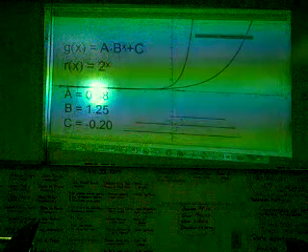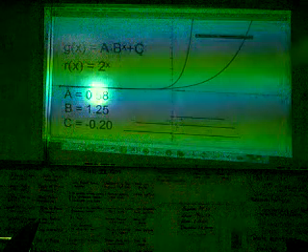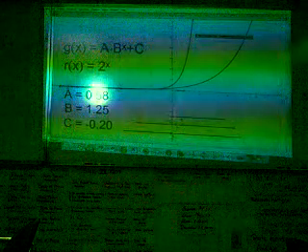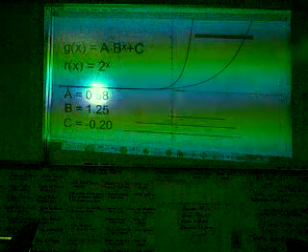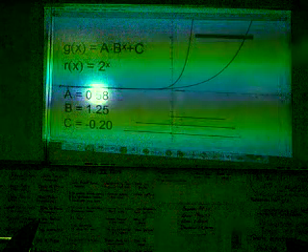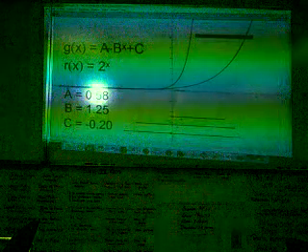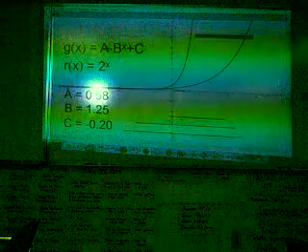If I have an exponential of the form a times b to the x, the c tells you how you shift the graph up or down. The base is going to tell you if the function is increasing left to right or decreasing left to right. The a is your vertical stretch factor.